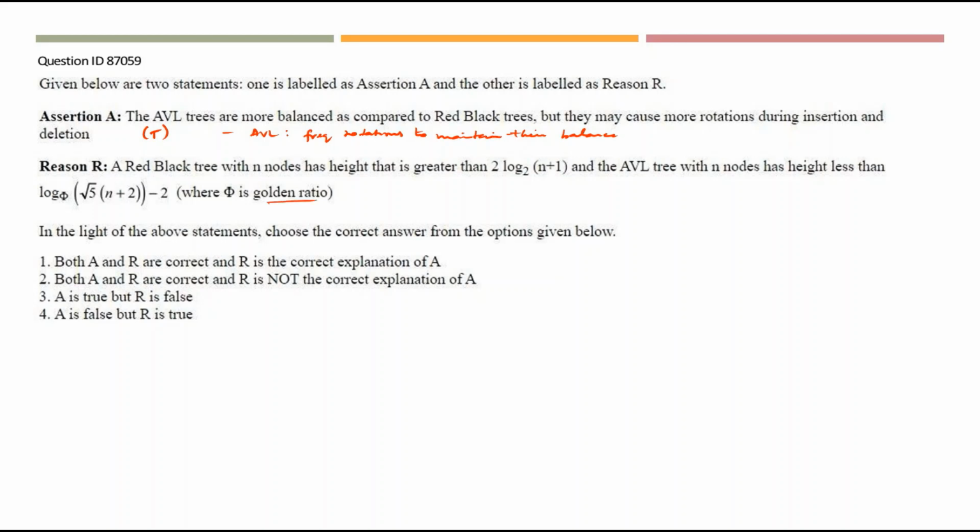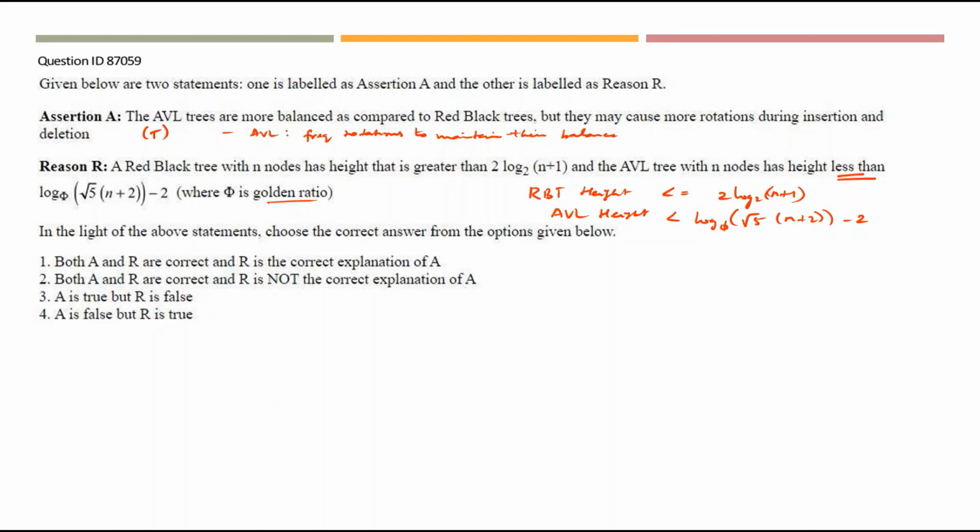So a red black tree will have a height less than or equal to 2 log n plus 1, and the AVL tree height will be less than log with the base phi of root 5 n plus 2 minus 2. So AVL's comparison is less than, that is right.